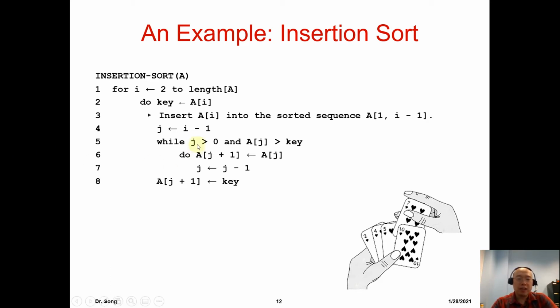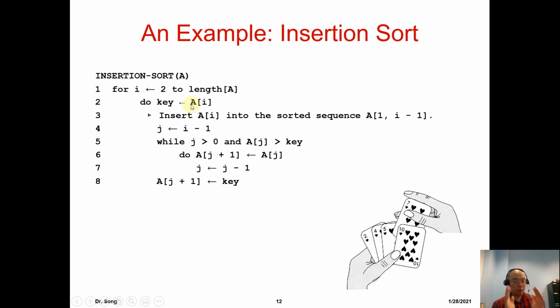We assign i minus 1 to j, and then as long as j is greater than 0 and A[j] is still greater than the key, what do we do? We shift A[j] to the right side. So we are moving the values higher than the key to the right side, and then eventually we stop at the place that is the place for the key. And what is the key's value? The key's value is A[i].